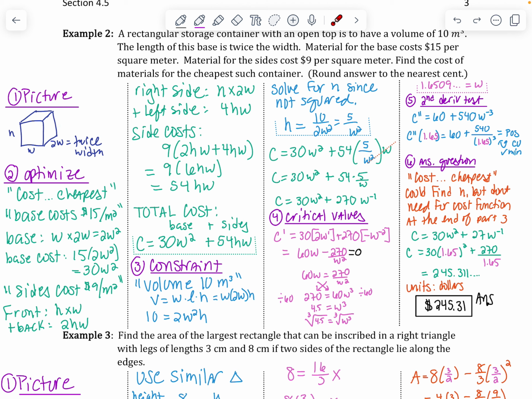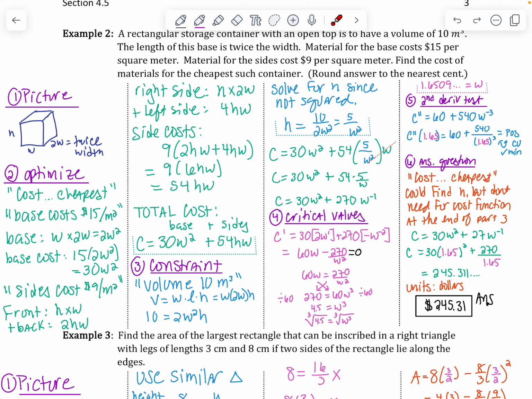So I have two of these. So 2HW twice is 4HW. So I've got the front and the back, the left and the right, and at $9 each, well, actually these are the same dimension, so let's go ahead and add those. I get 54 height times width.